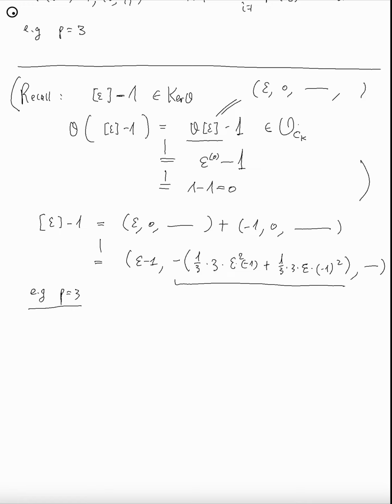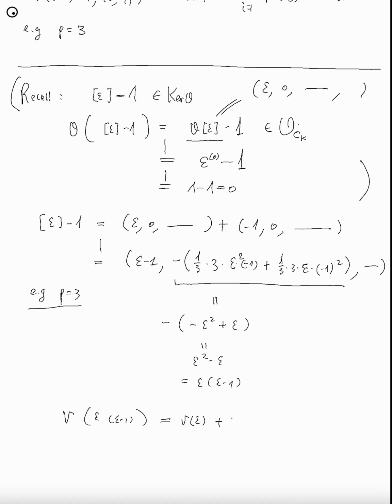So let's simplify it. This is minus epsilon squared plus epsilon, this is epsilon squared minus epsilon, which is epsilon times epsilon minus 1. So we care whether the valuation of this is positive or not.